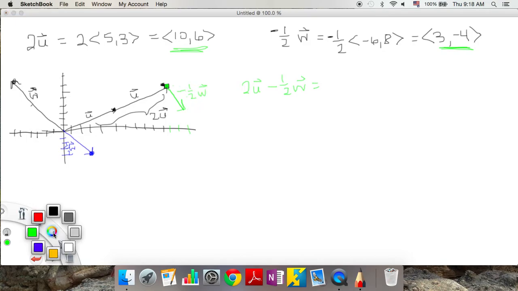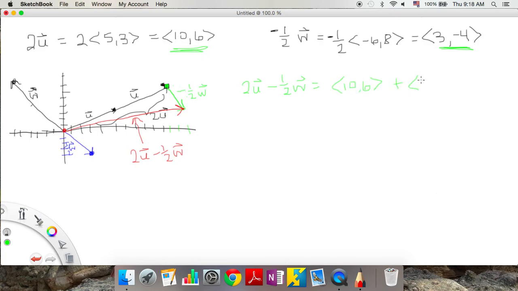So that in the end we can get our sum vector. This one here is the 2u minus 1/2 w, because we took our 2u and then we put the minus 1/2 w on the end of it. So from the origin to that end is our new sum vector. So what does that mean? Well, our 2u is 10, 6, and our minus 1/2 w is 3, negative 4.